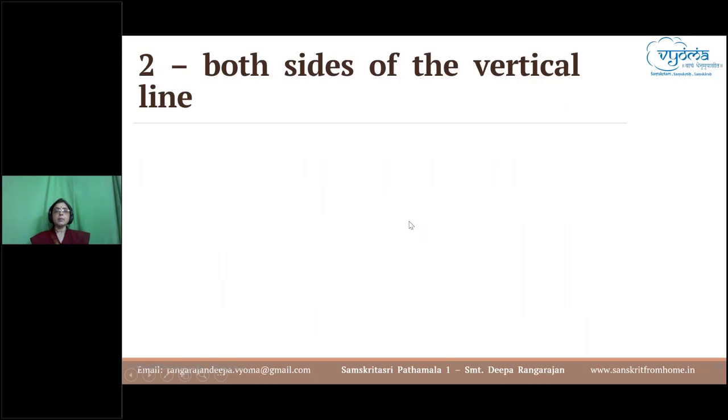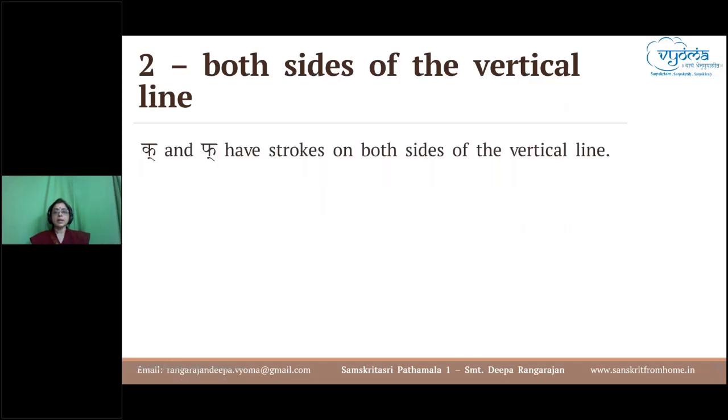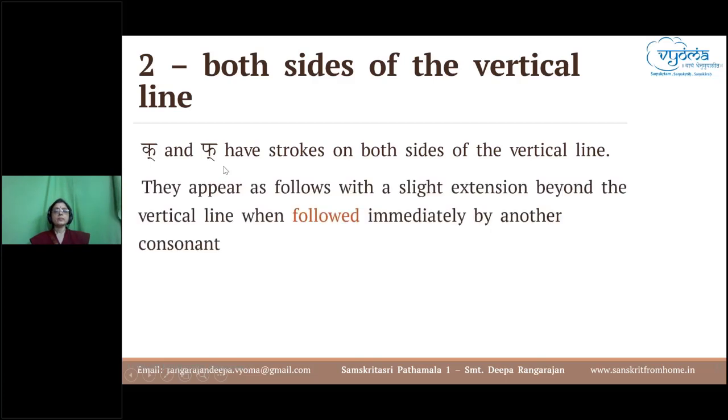The next type of consonant as far as the script is concerned is the k and h varnas. The k and h varnas, where there is a vertical line, but there are strokes on either side of the vertical line. For k and h, you have strokes on both sides. So in that case, what do you do?